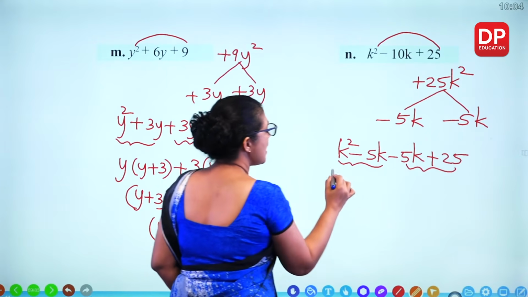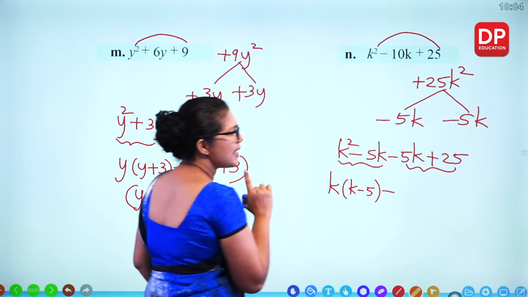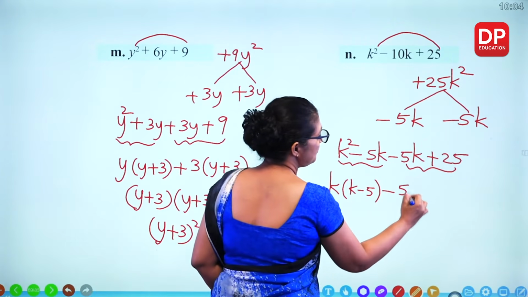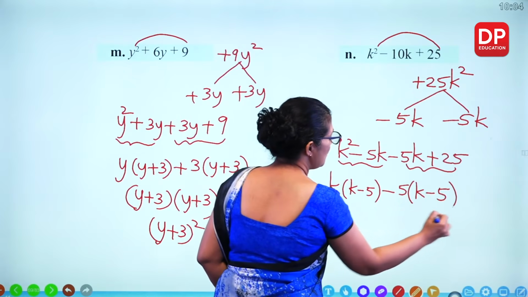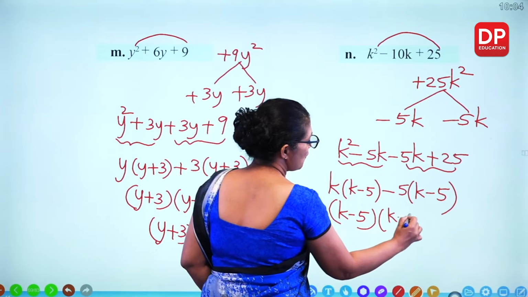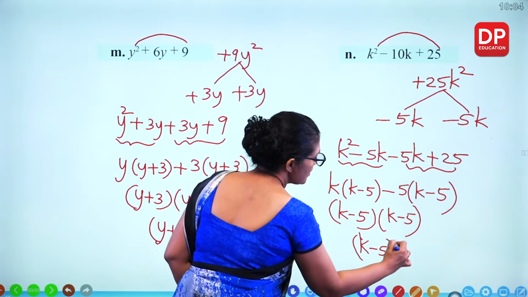Take 2 at a time and factorize. You can take minus 5 out because you need plus k inside. Now, k minus 5, again k minus 5, you can write as a square term.